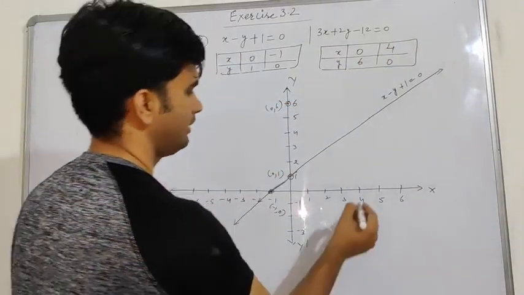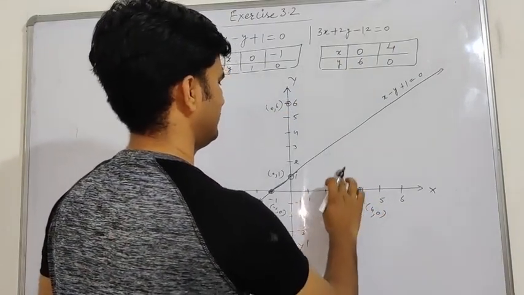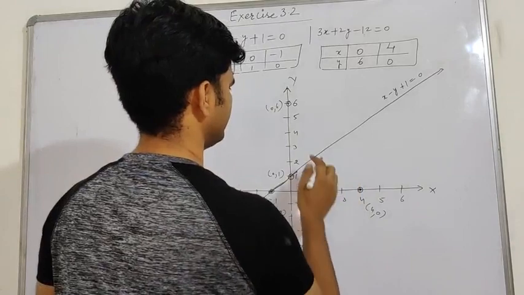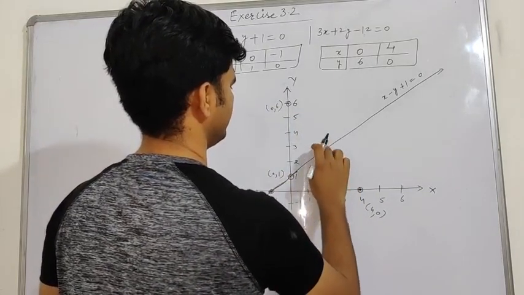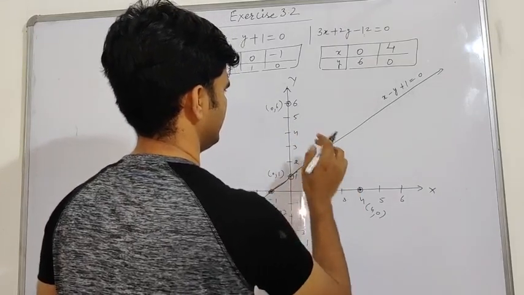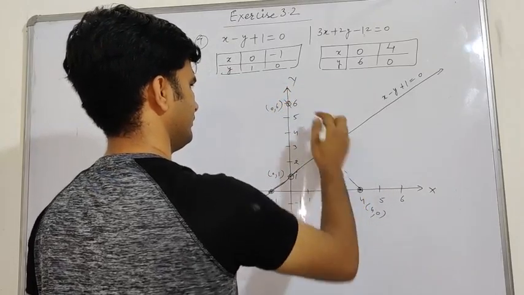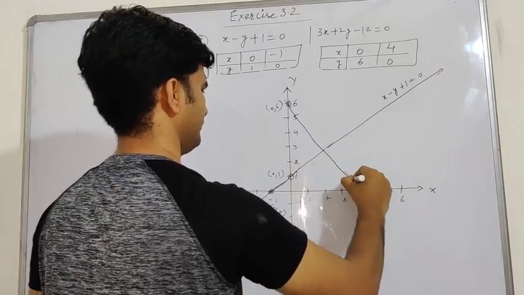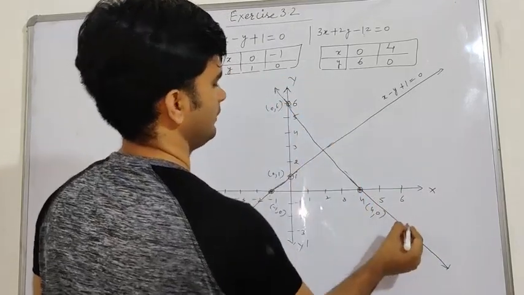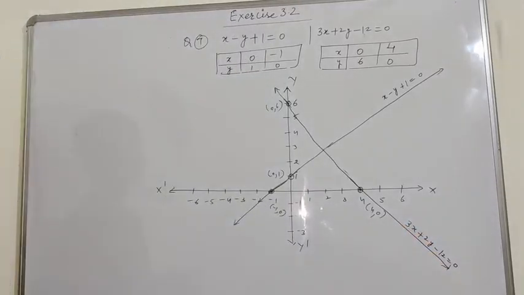Then next x is 4 and y is 0. This line is 3x + 2y - 12 = 0.